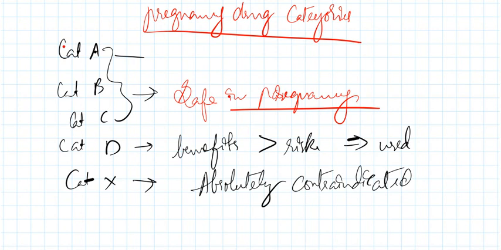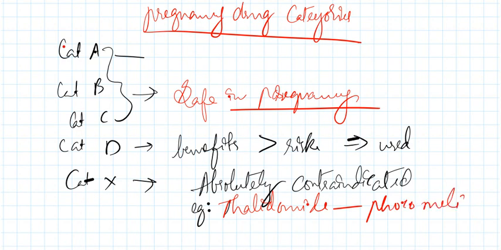For example, if you ask me for one example of a category X drug in pregnancy, it is absolutely thalidomide. Why? Thalidomide causes what? Very important image based question, phocomelia. Thalidomide causes phocomelia. Remember.